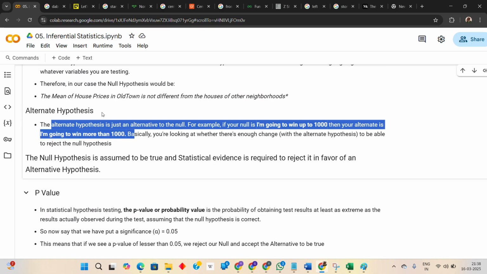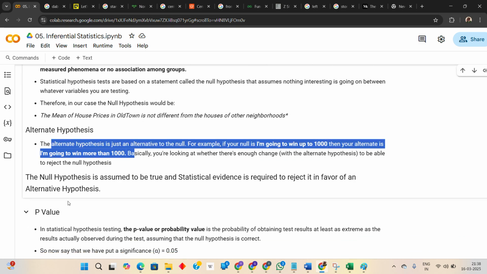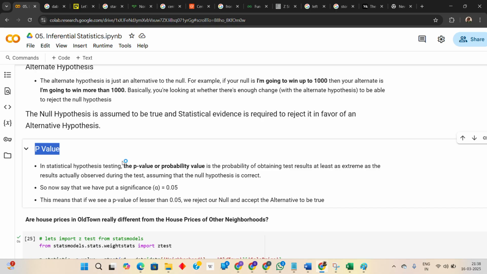In order to tell whether the null hypothesis is true or the alternate hypothesis is true, what value is really helpful to estimate? That value is called the p-value. In statistical hypothesis testing, the p-value, also called probability value, is the probability of obtaining test results at least as extreme as the results actually observed.